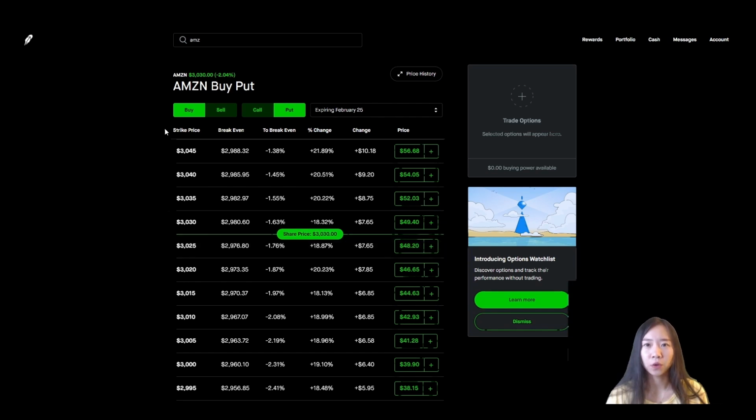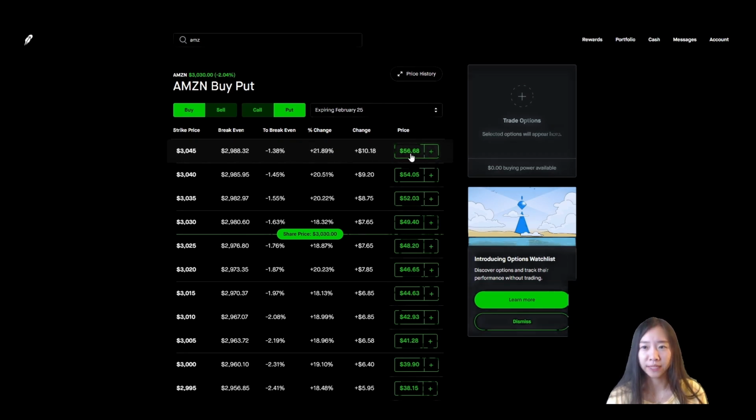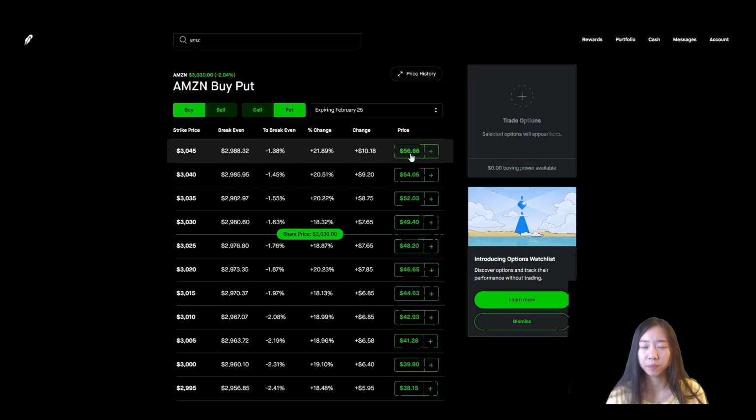You can see the strike price, your break-even price, and the percentage the stock price needs to move to break even. This percentage change means the percentage change of the contract value. And this is how much money this contract is being traded at.